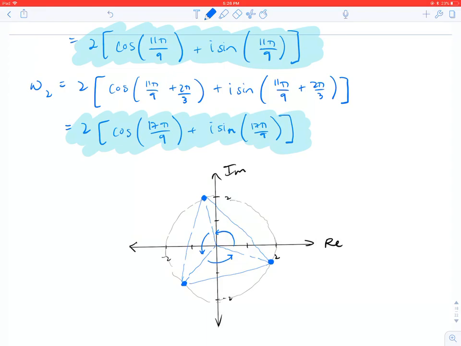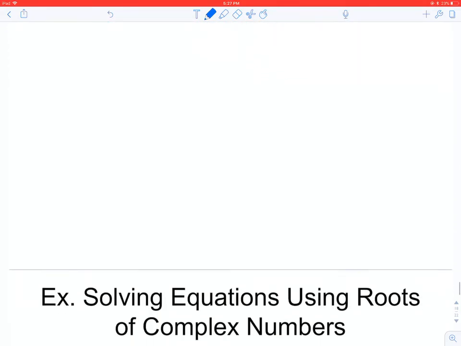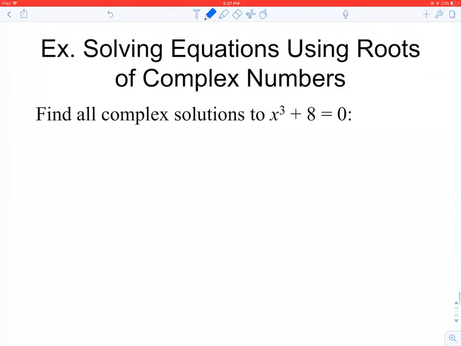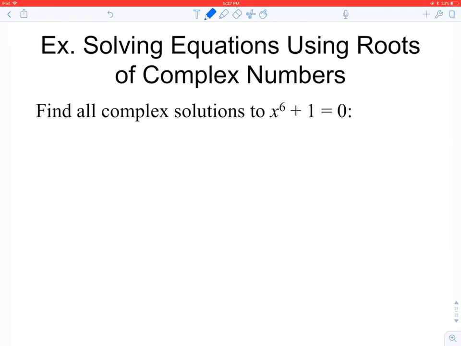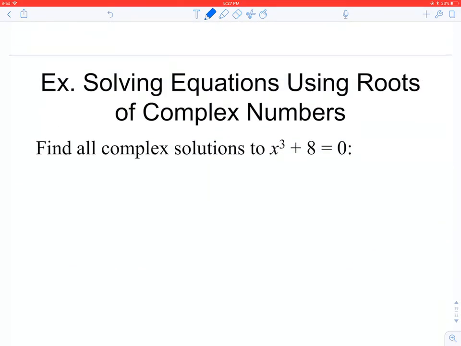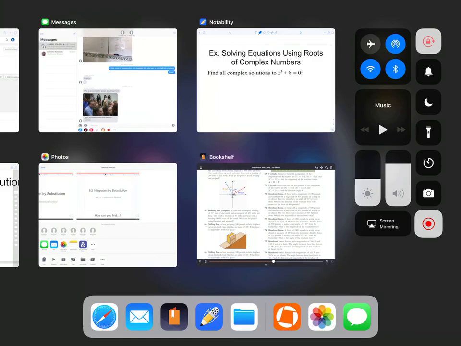But it'll always be the same angle between each of the roots because you're dividing 360 degrees or 2 pi by whatever n is. And I left off here to finish these final 2 examples in class, but it's the same idea using the nth root theorem.